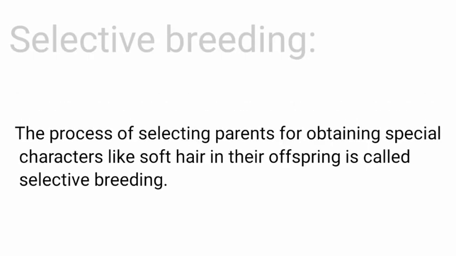The process of selecting parents for obtaining special characters like soft hair in their offspring is called selective breeding. So simply, in selective breeding, the parents are selected so that their offspring, when they mature, can produce good quality wool.